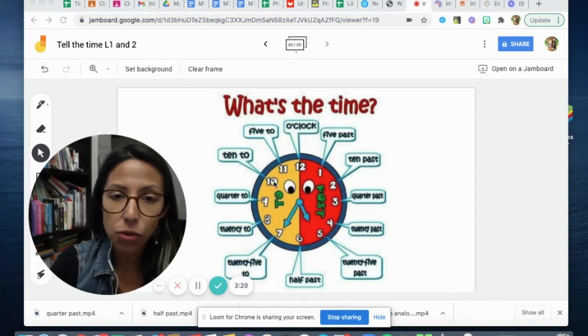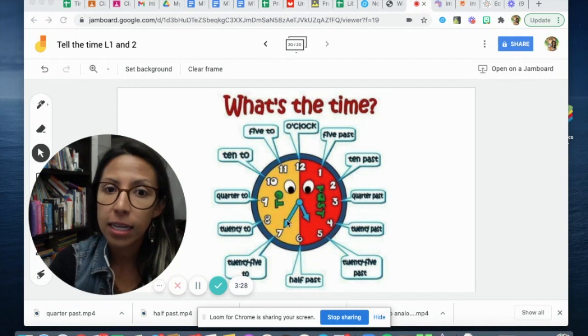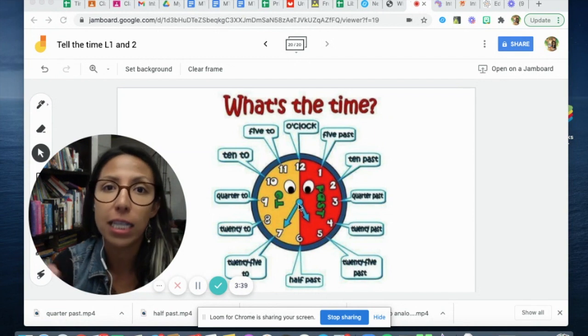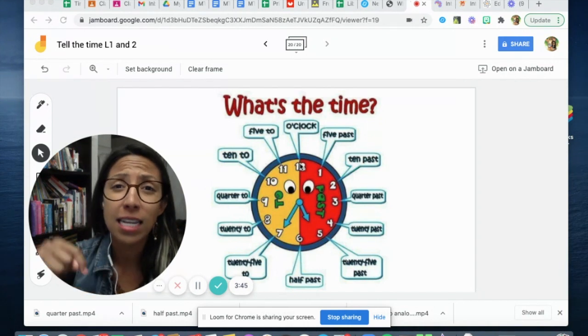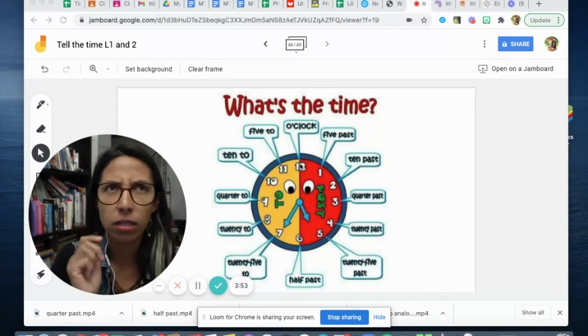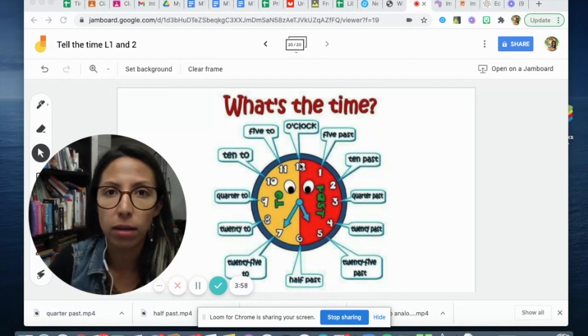If the minute hand would be here, we would say 10 to the next hour. If the minute hand would be pointing here, we would say 5 to 6, let's say here, right? And then when the minute hand goes back to the 12, we say o'clock. Okay, that's telling the time to the hour when the minute hand is pointing at 12.